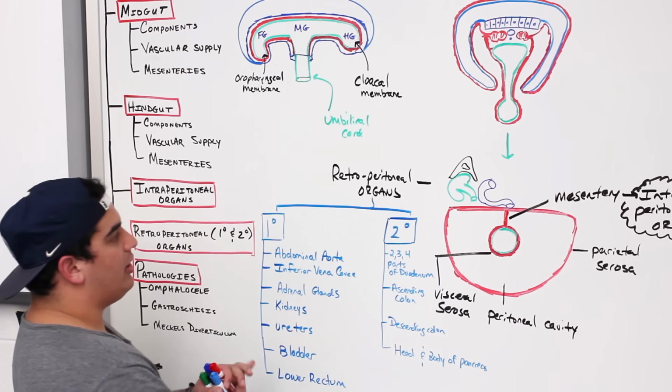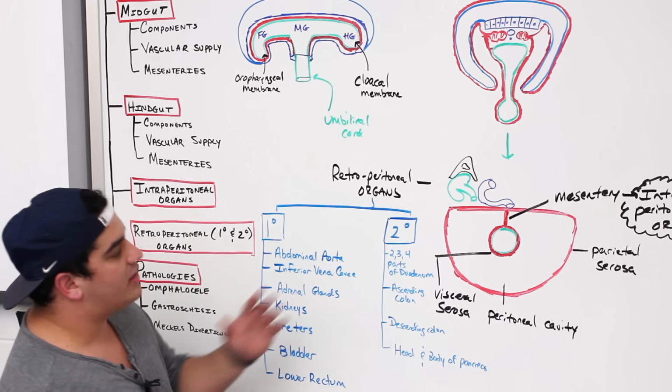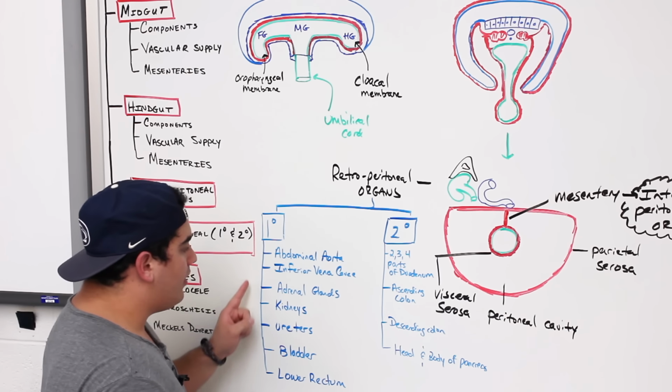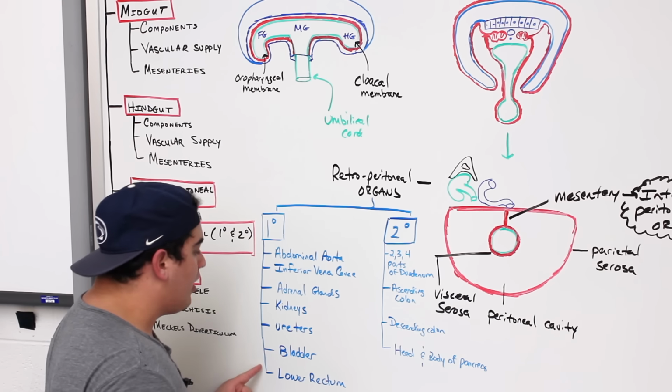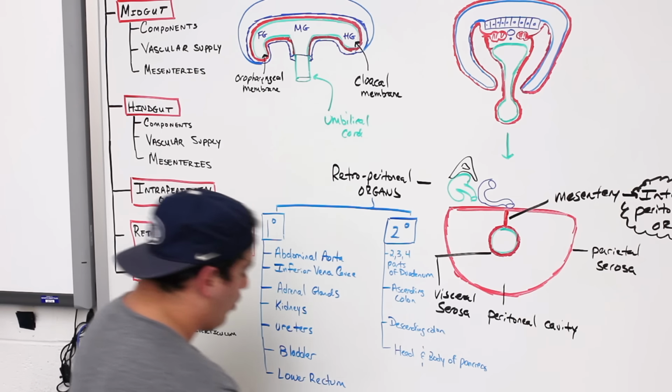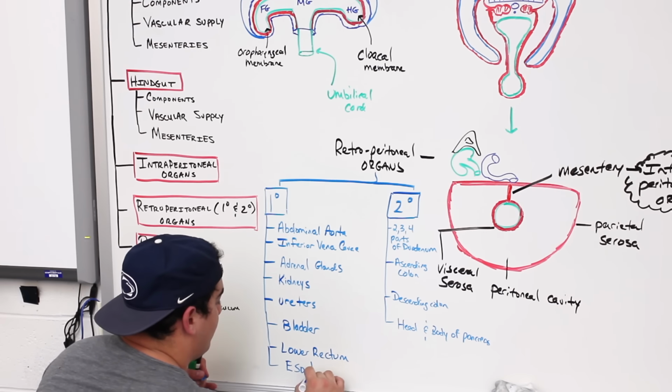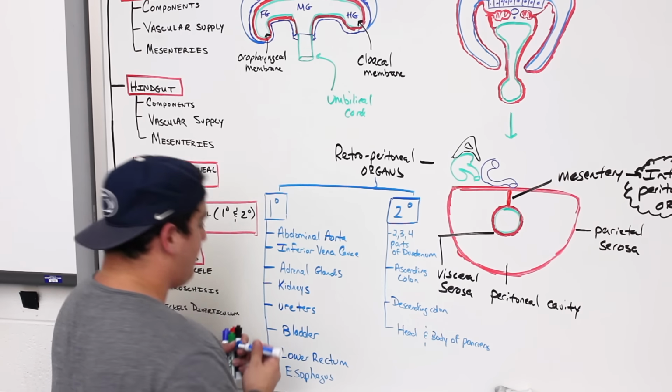So the main ones that we're going to be talking about with respect to primary and secondary is, for primary you can have the abdominal aorta, inferior vena cava, adrenal glands, kidneys, ureters, bladder, and the lower rectum. And even one more, technically we can have the esophagus. Okay?